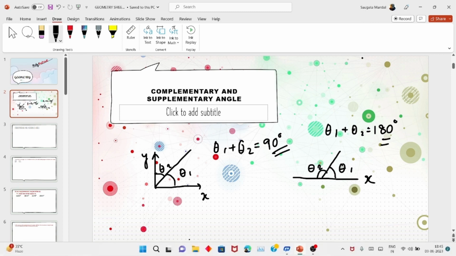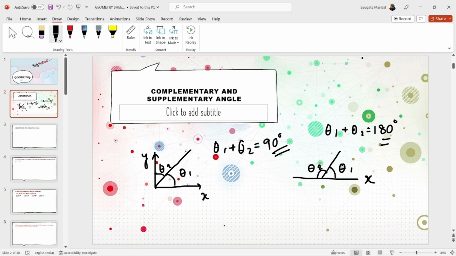For an example, suppose this is x-axis, this is y-axis, this is a line that I draw. Suppose theta 1 is equal to 20 degree. Then what is the other angle?